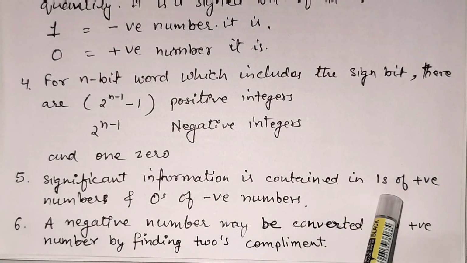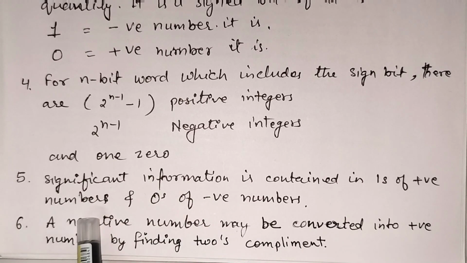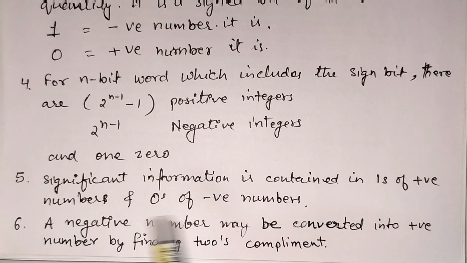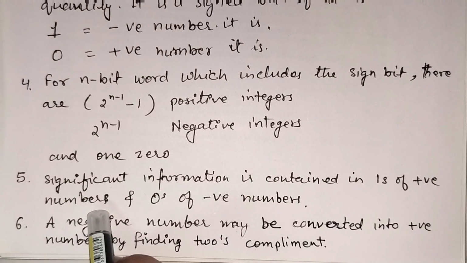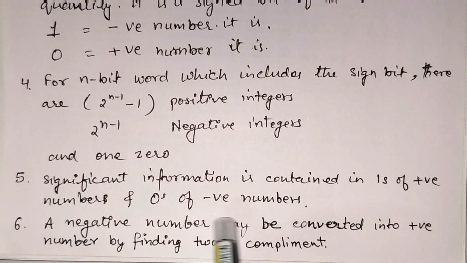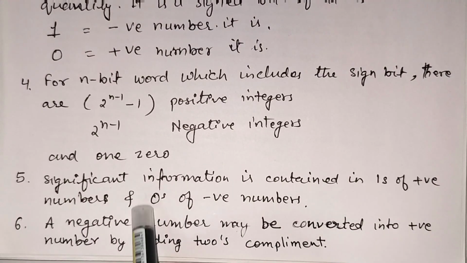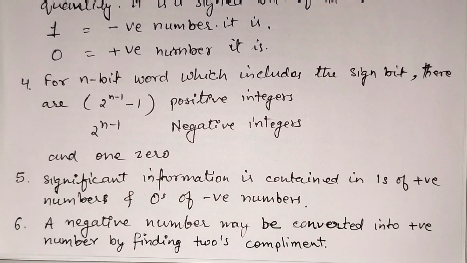If the number is positive, the significant information is contained in the ones, and if the number is negative, the significant information is in the zeros. The next is that a negative number may be converted into a positive number by finding its 2's complement.